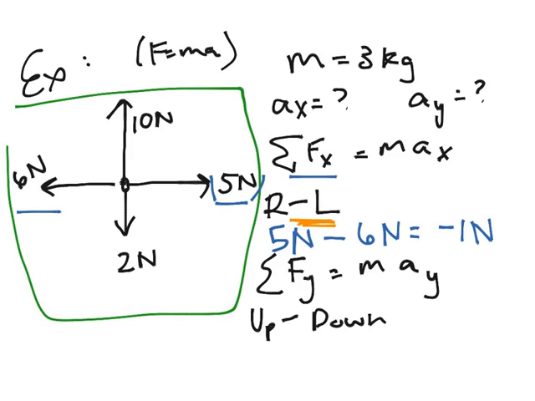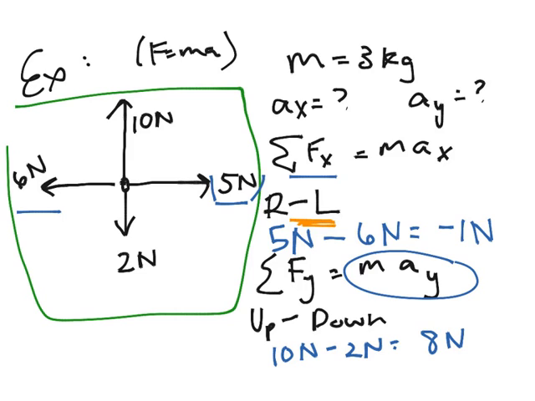Then to solve the y term, all you have to do is put in our y, which is 10 N up, minus the down, which is 2 newtons, so it'll give you 8 newtons. And then you just plug those back into what you know your Fy and your m to be.